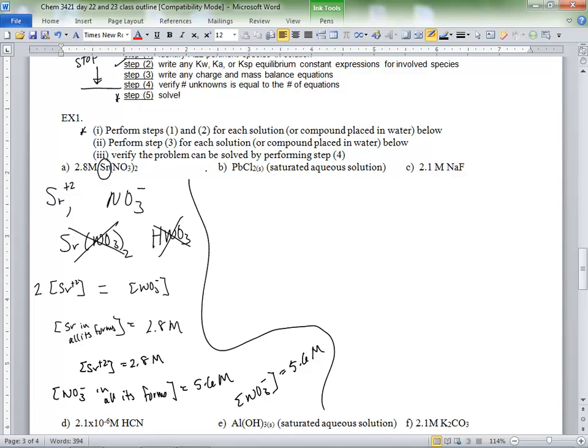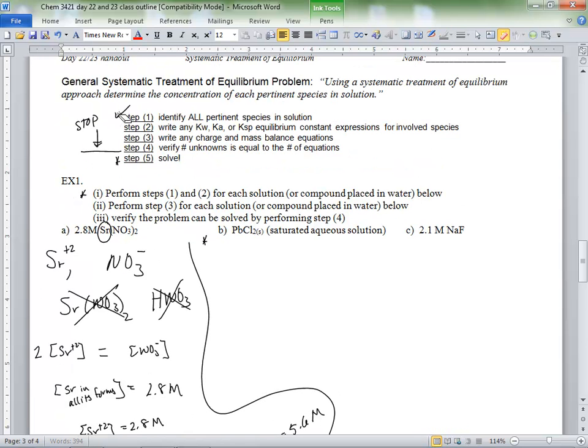Okay, this question. Start with step 1. Identify all the species that are there.